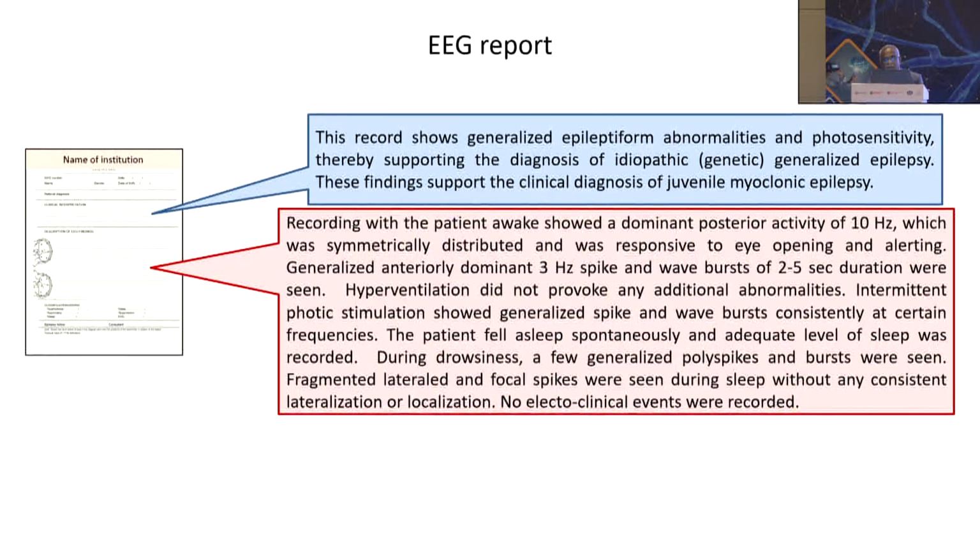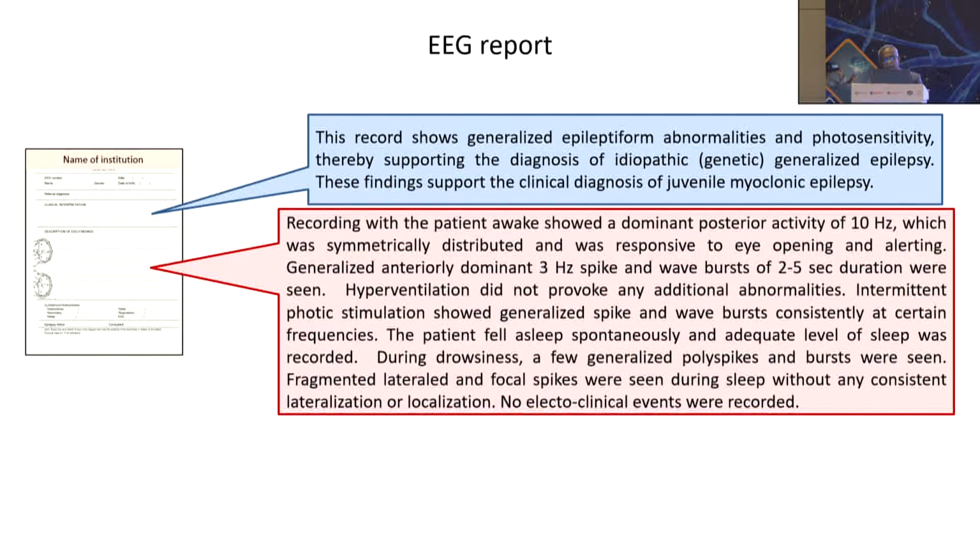Recording of the patient awake showed a dominant posterior activity of 10 Hz, which was symmetrically distributed and was responsive to eye opening and alerting. Generalized anteriorly dominant 3 Hz spike and wave bursts of 2 to 5 seconds duration were seen. Hyperventilation did not provoke any additional abnormalities. Intermittent photic stimulation showed generalized spike and wave bursts consistently at certain frequencies.